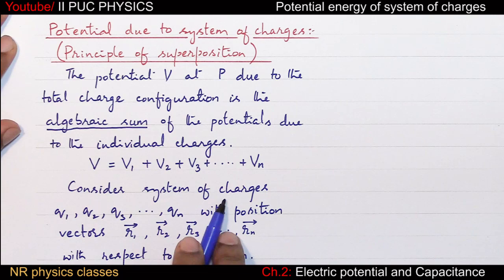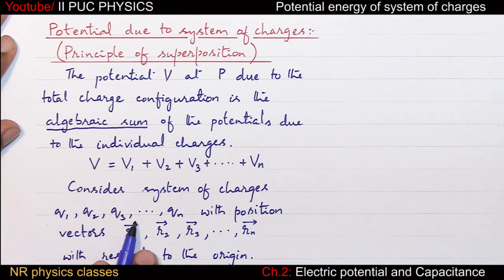Consider a system of charges Q1, Q2, Q3, etc. to Qn with position vectors R1, R2, R3, etc. to Rn.